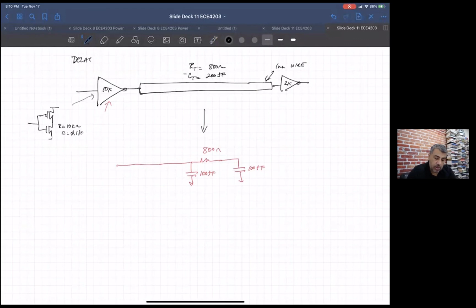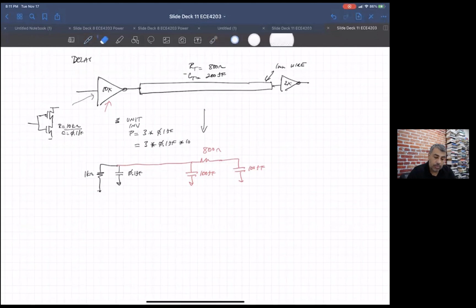And what would the capacitance be here? Um, 0.01 femtofarads? Yeah, that's for one unit capacitor, right? Remember that a unit inverter has three of these. The parasitic was 3 times 0.1, and then it's 10 times wider, so it's really 3 times 0.1 times 10.